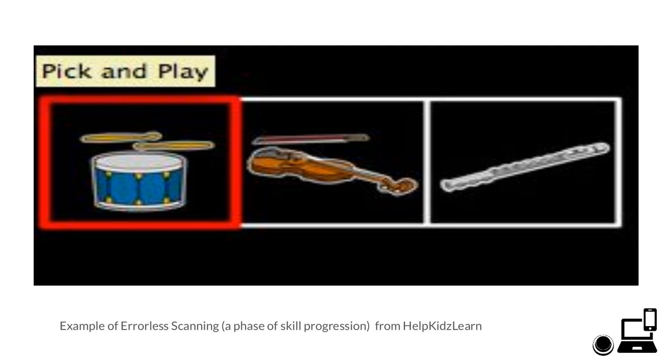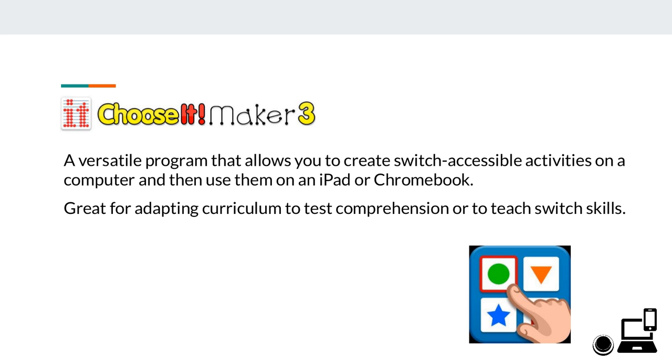And if you really want the student to pick a particular instrument, you could even design this to not accept the activation of the drums or the flute, so that they would learn to navigate to the violin and select that one. I've referred to the program in the abstract quite a bit, but this is an example of what that screen would look like.